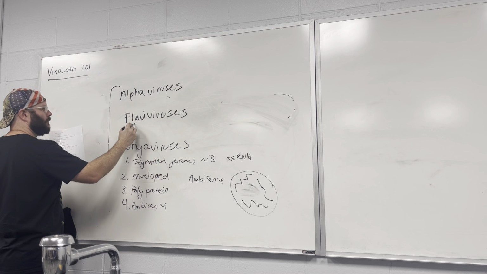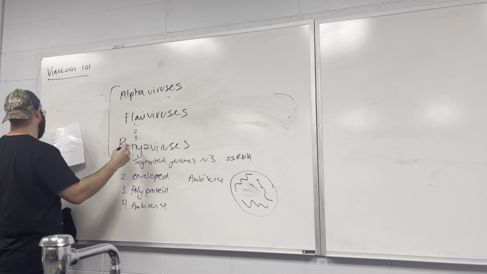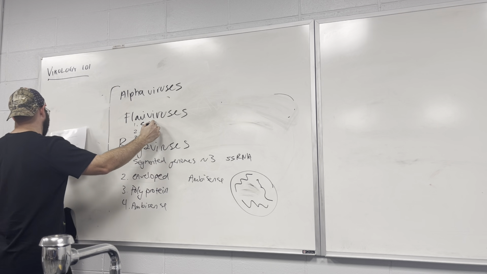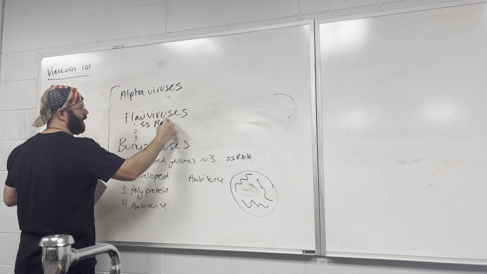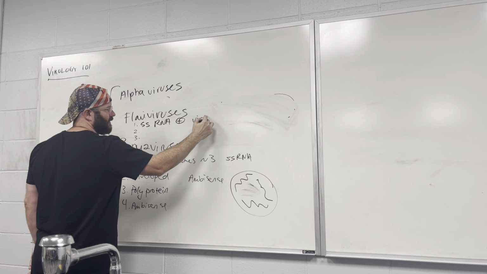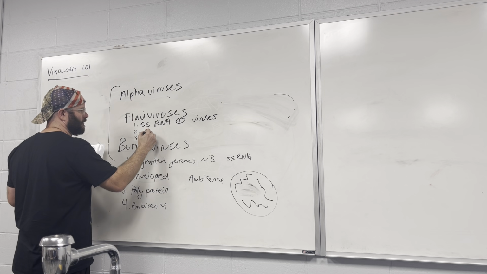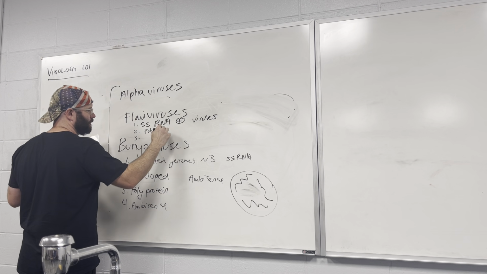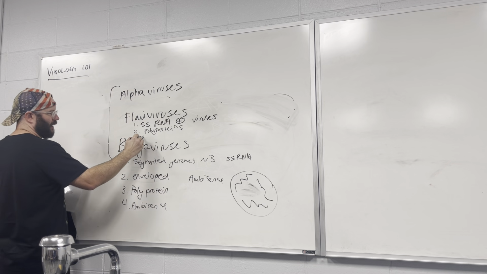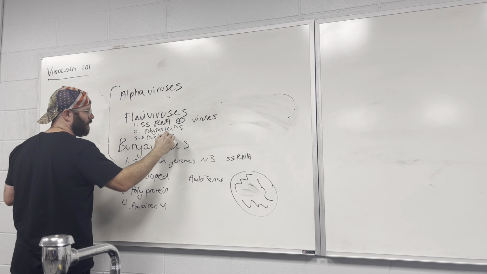Flaviviruses are single-stranded RNA plus viruses. They are also encoding polyproteins, and they are also enveloped.